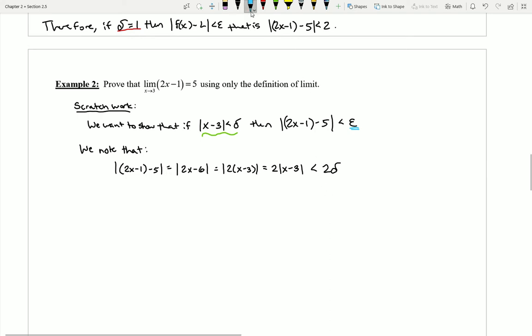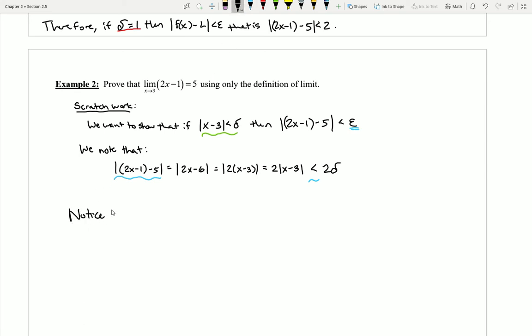So far what I've established is that my blue stuff, my f of x minus L in the absolute value bars, is so far going to be less than 2 times delta. But I don't want it to be less than 2 times delta. Remember, I want it to be less than epsilon. So if I could pick delta to be anything in the world that I want, I might go ahead and pick the following.